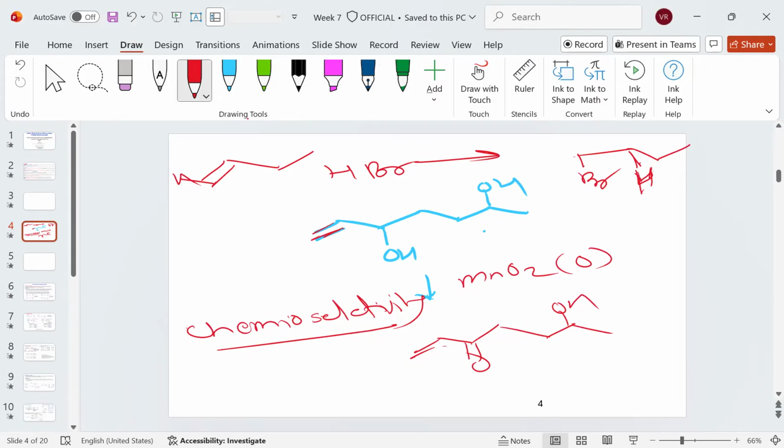So that we have seen already. The bromine in this case shows addition at the terminal position, so there is preferential reactivity of this HBr. That is mainly regioselectivity. This concept we have already covered.